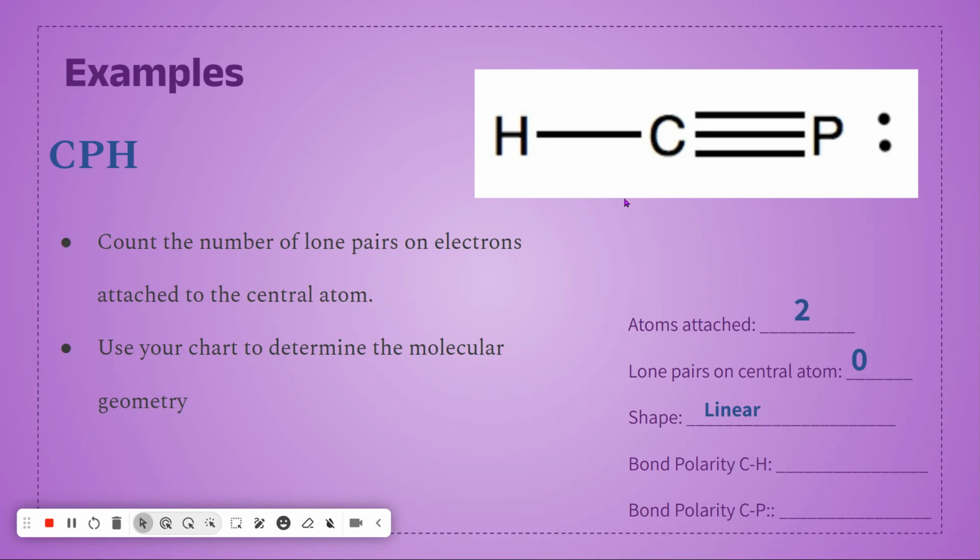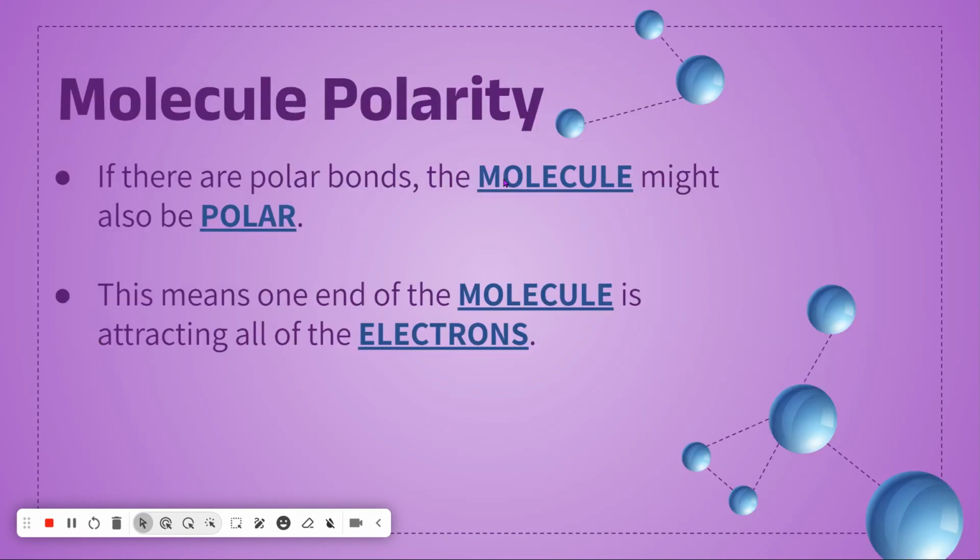So the shape of this molecule would be linear. Bond polarity, do you remember on the last slide we determined that carbon-hydrogen is nonpolar? And then phosphorus has an electronegativity of 2.2. Carbon is 2.5, so that's a difference of 0.3. So that would make the carbon-phosphorus bond nonpolar also.